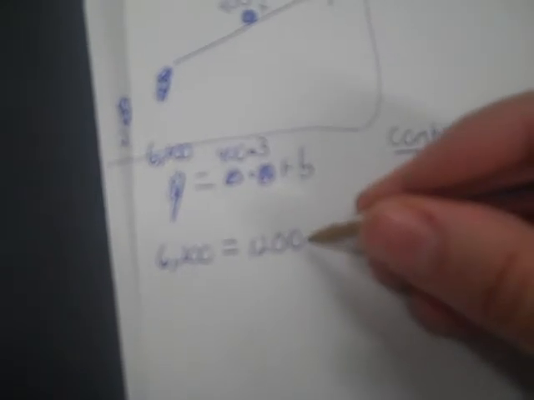You got to put equals after the 6,200. 1,200. And it's not just 1,200 b, it's plus b. You got to carry your plus down, plus b, put a 1 in front, dot it. And I know this here is either added or subtracted. It's positive, so it's going to be subtracted.